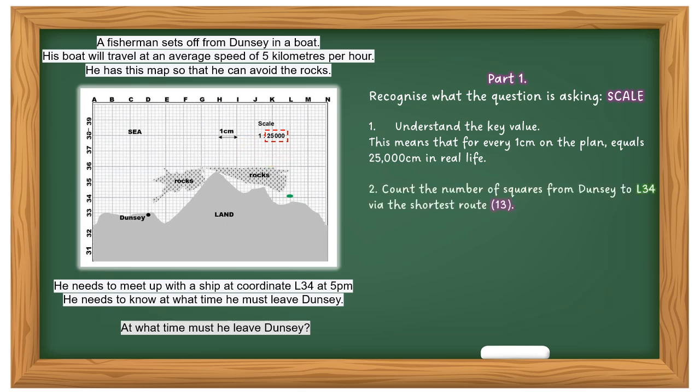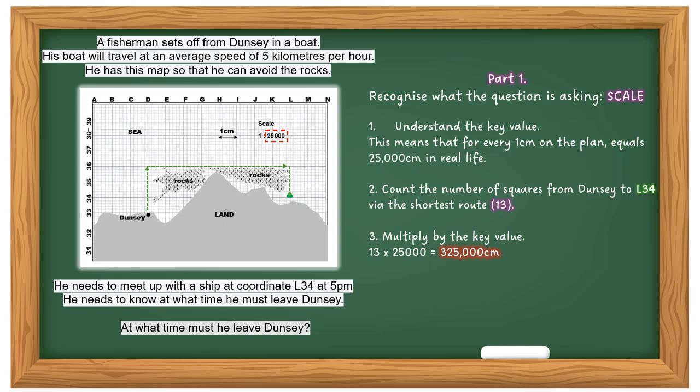Second thing is count the number of squares from Dunsey to L34, because that's where you're trying to head to, and you want to go via the shortest route. So if you start from Dunsey, work your way around, you will count 13 of these little squares. Now you've established that, you multiply these 13 squares by the key value, which is 25,000.